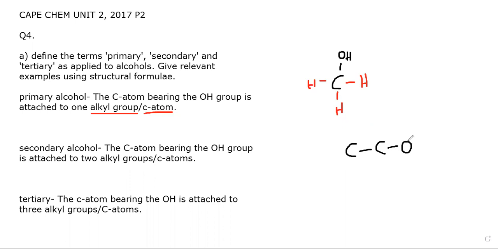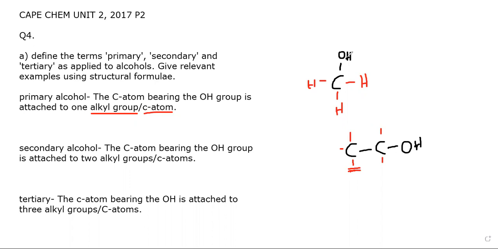So again, if the OH group is here, it is attached to one alkyl group, which is the CH2CH3 ethyl group, or we can simply say it is attached to one carbon atom. So let me say that again. The carbon atom bearing the OH group is attached to one carbon atom.